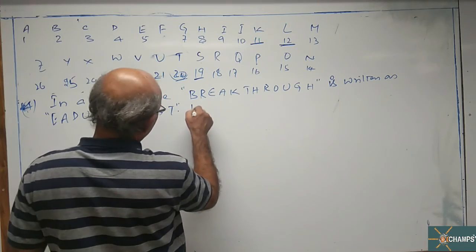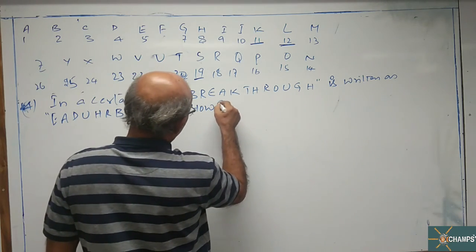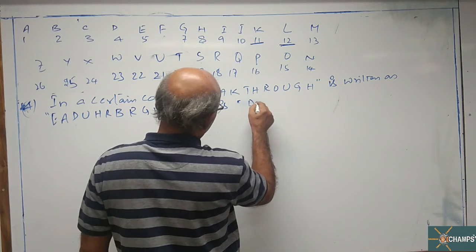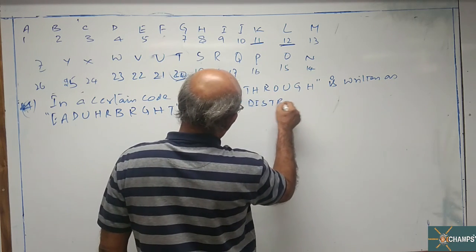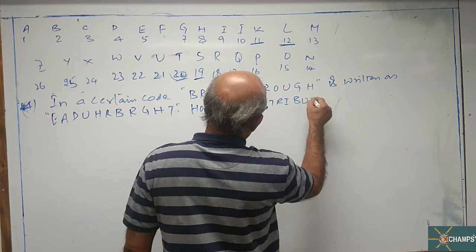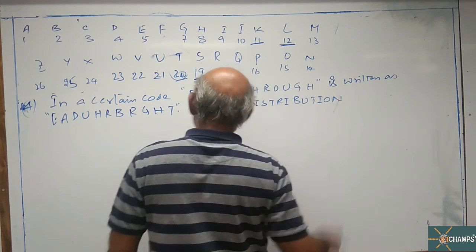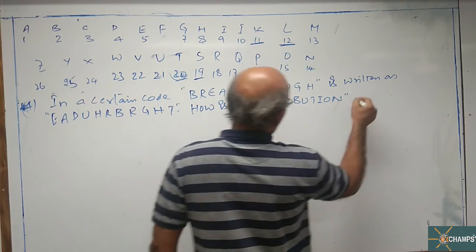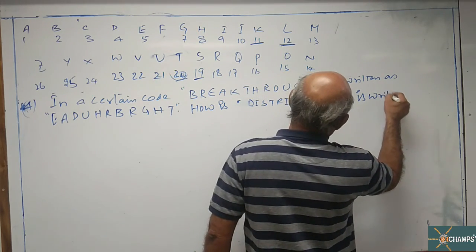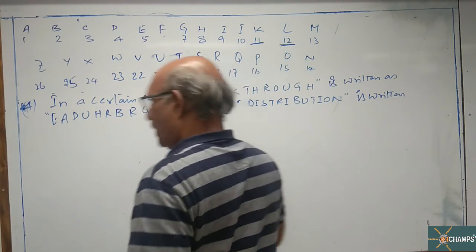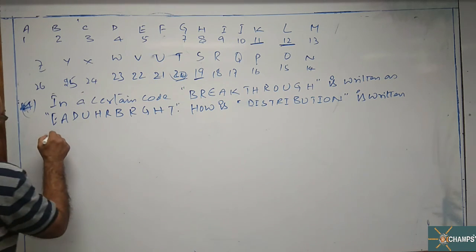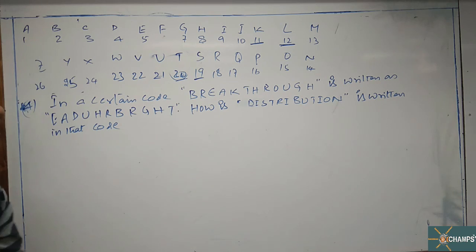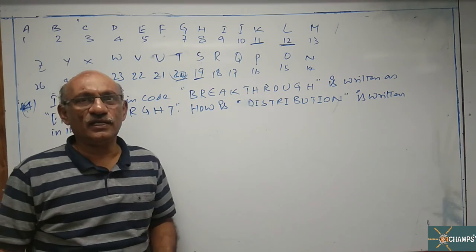How is the distribution written in that code?